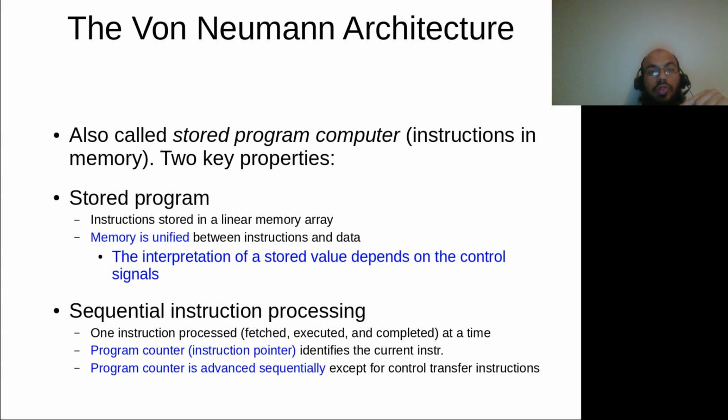The program counter is advanced such that if you're on instruction 1, once you're done, you go to instruction 2, once you're done, you go to instruction 3. This is the abstract model, but as we will see, this is not what is implemented in reality.